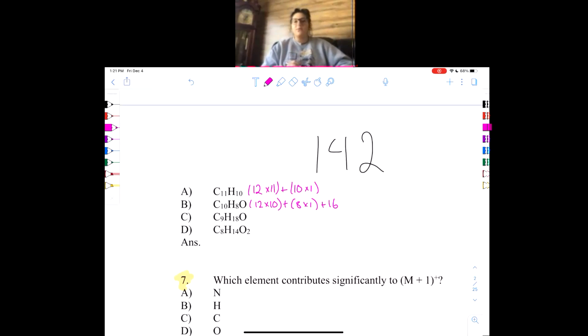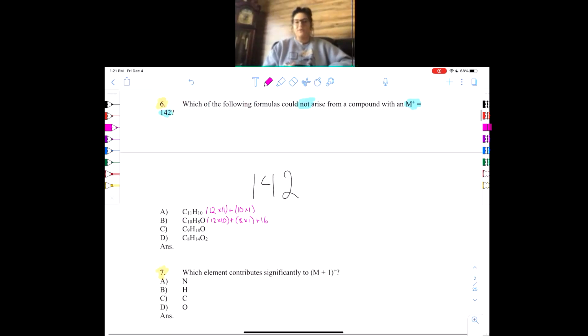So someone said that all of these equal 142 except for B, which equals 144. So again, we are looking for which one could not arise, which means B is our correct answer since it adds up to 144 and not 142. Sweet. Any questions about this one?